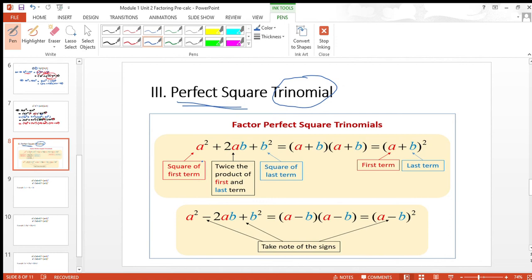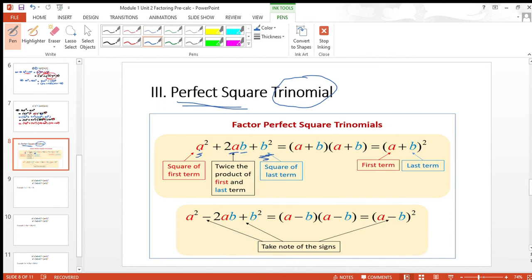A trinomial will be a perfect square if we have two perfect squares. So in this case, we have a squared, b squared are perfect squares. And then the remaining term is twice or two times the product of the square roots of the perfect squares. The square root of a squared is a, the square root of b squared is b.